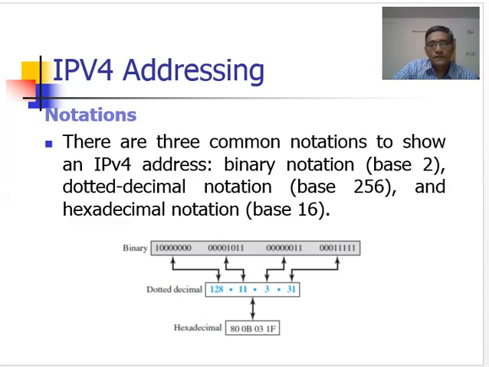In binary, the 32 bits are represented in octets, that is, separation of 8 bits each. In decimal, each 8 bits is converted into its equivalent decimal value, so put together we have 4 values separated by decimal points. In hexadecimal, each 4 bits of the binary values in each octet forms the equivalent hexadecimal value to give this representation. So 3 representations are used.